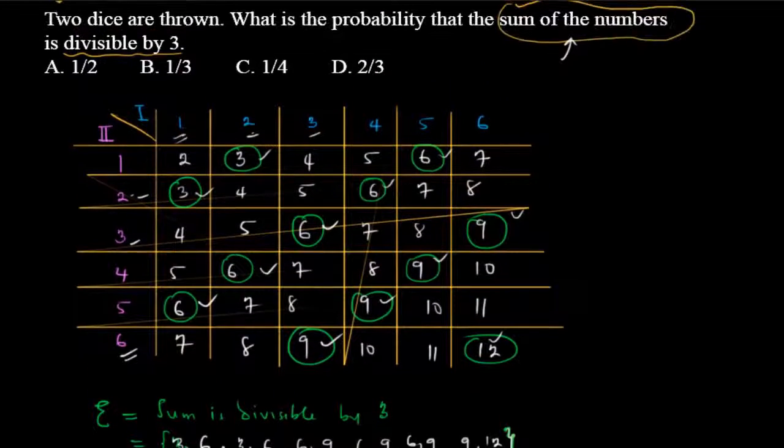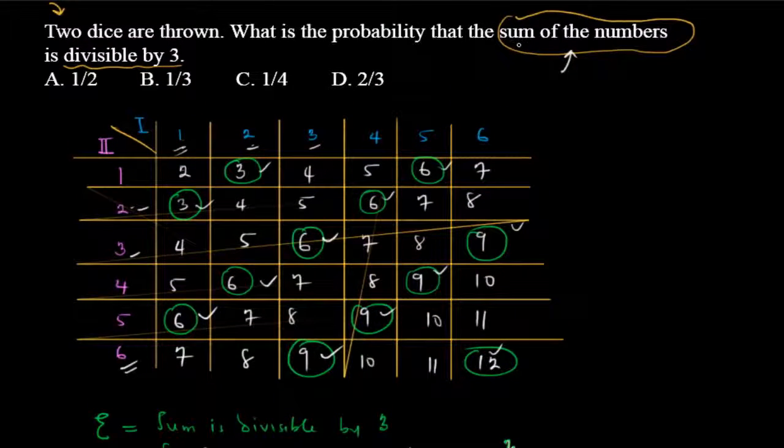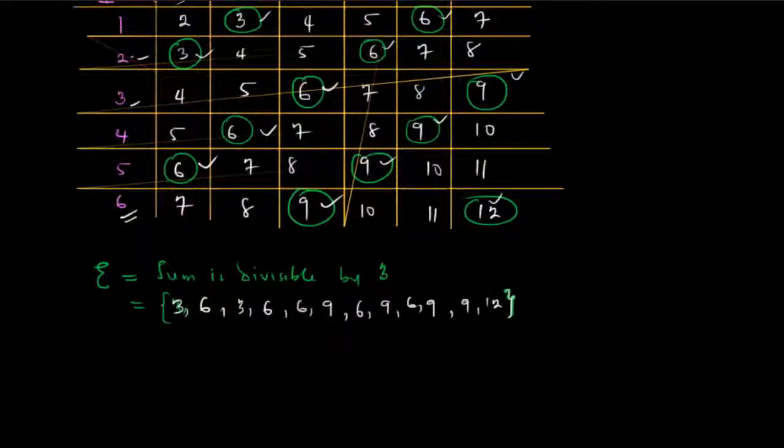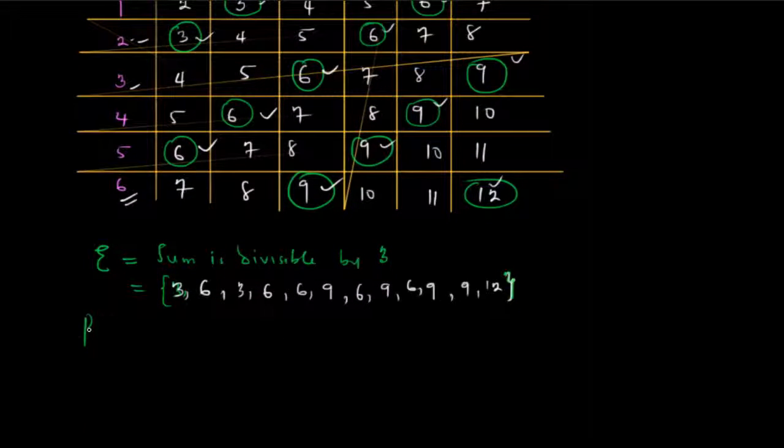But the question says find the probability that the sum is divisible by 3. So I want to find the probability of E. Now, this is an event, so don't forget that. The probability of E is just the cardinality of E divided by the cardinality of the sample space.